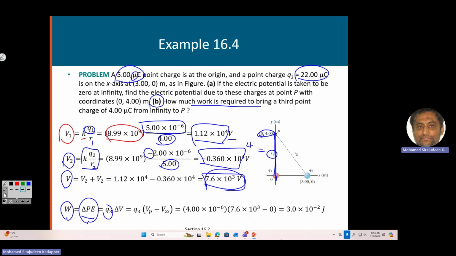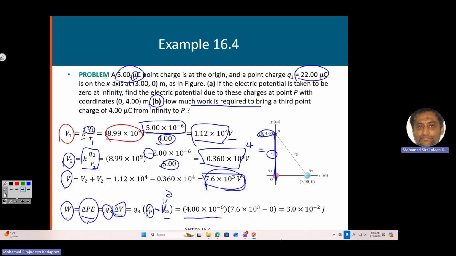So it will be Q3, the charge that is being brought in, multiplied by, because the change in potential energy by definition is equal to Q times delta V. Delta V means final potential, the potential at the point P, minus the potential at infinite distance away, which is 0.